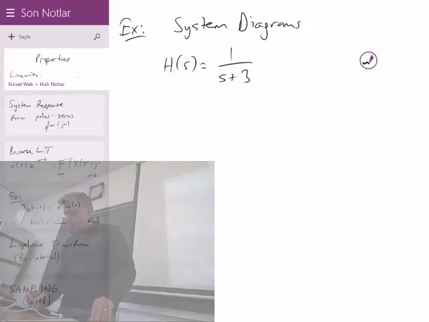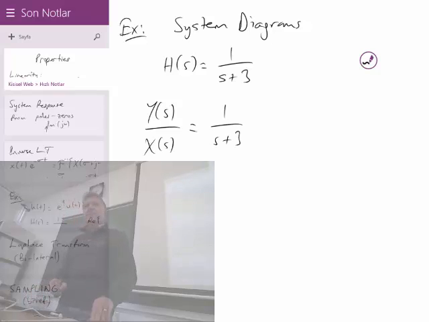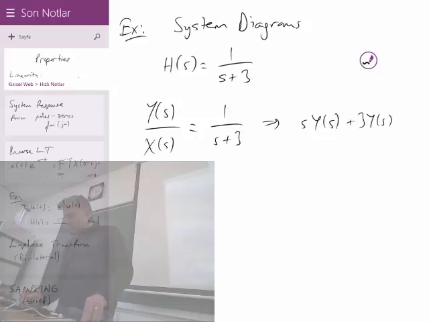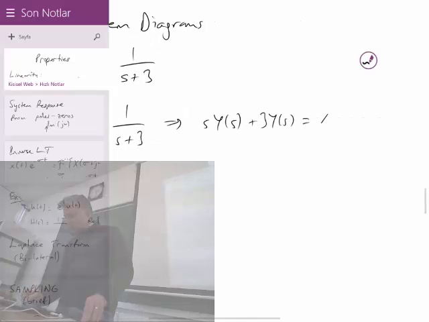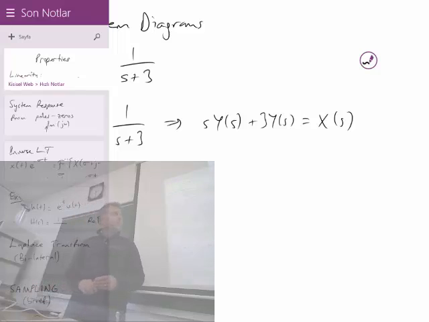Now you continue with the block diagrams like this. You write it in this form, not h of s, but y of s over x of s, and then from here you write it like this: s y of s plus 3 y of s is equal to x of s.